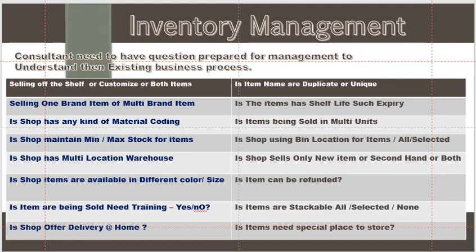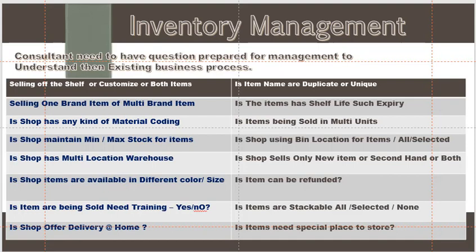So I created a series of questions which we will go through one by one, and which will give us almost every aspect of inventory which we need to take care of when designing the system.